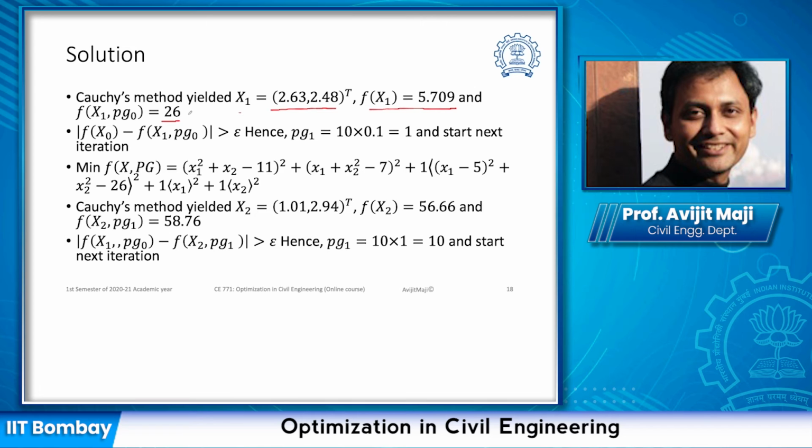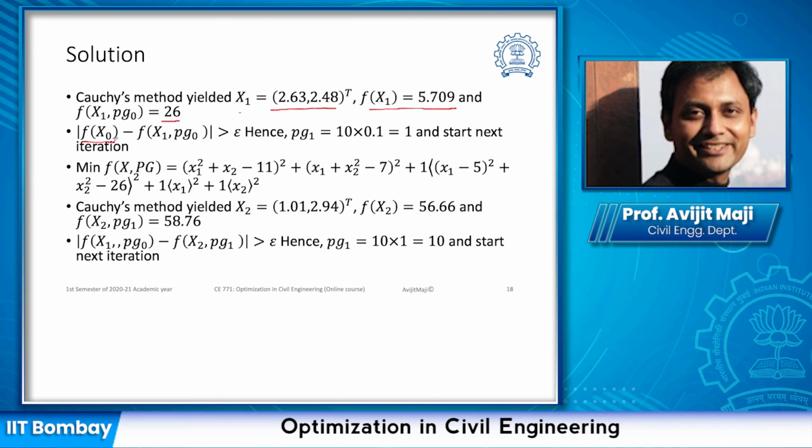And then if we look into the change in the objective function value of the transformed function, we'll find that the change is still significant compared to the precision which we have set. Since this was our first point, we did not use the penalty parameter and the penalty term to estimate this component.